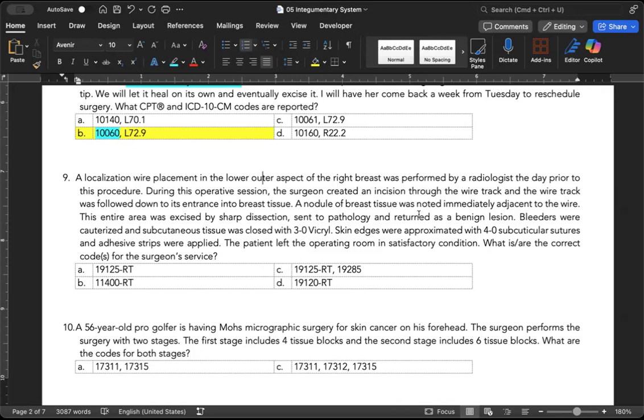So that's what we did, right? We excised the area by sharp dissection, and it was next to that wire that they placed the previous day, right? So we're going to use our 19125.